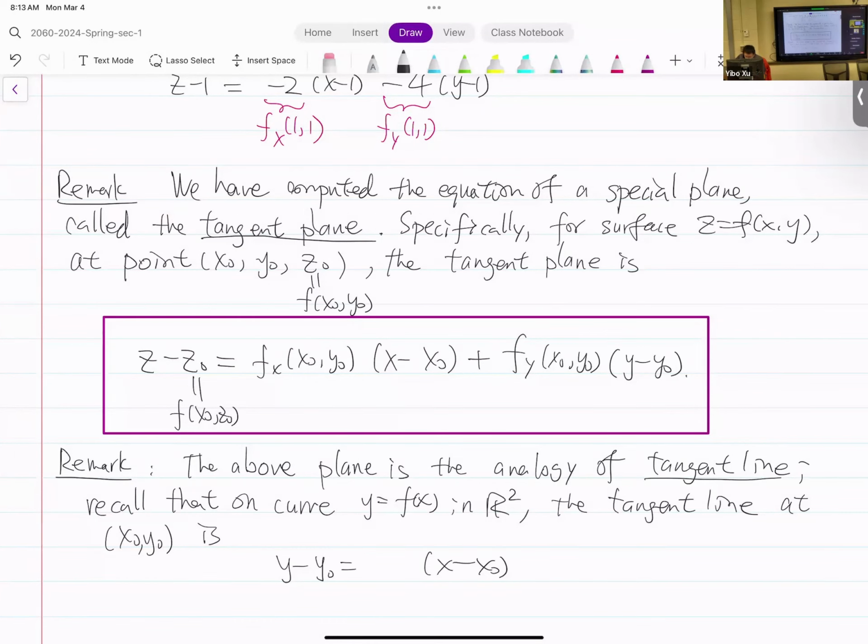Which is the derivative f prime at the point.